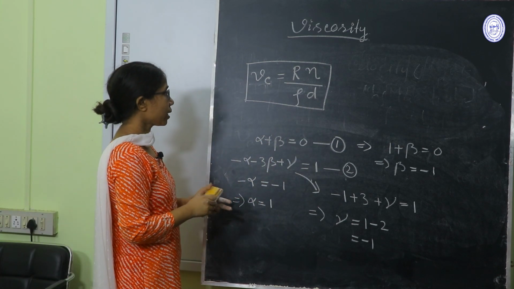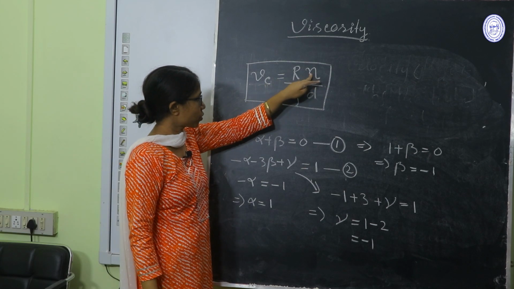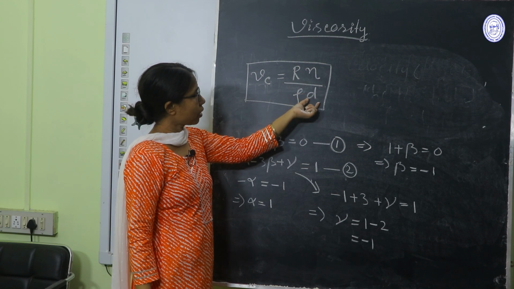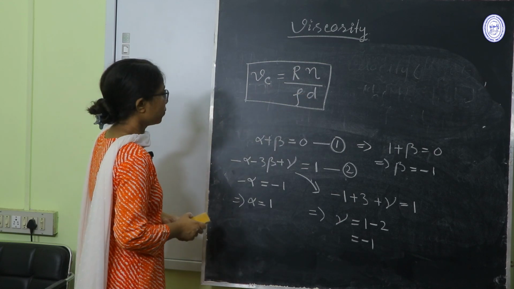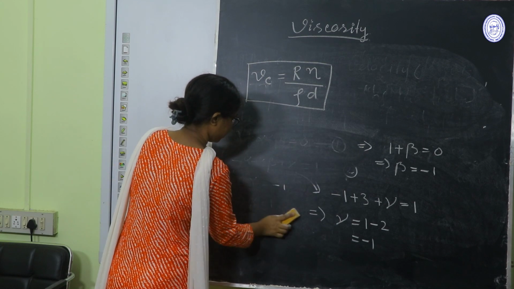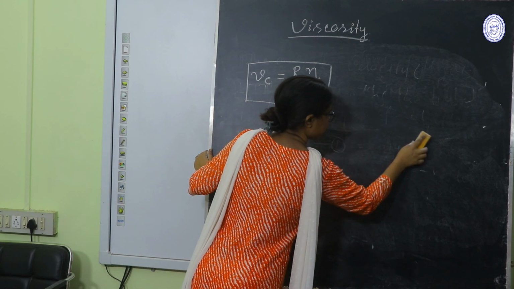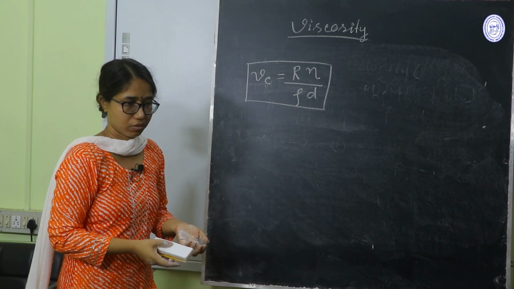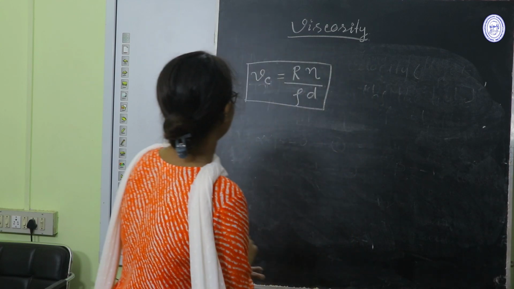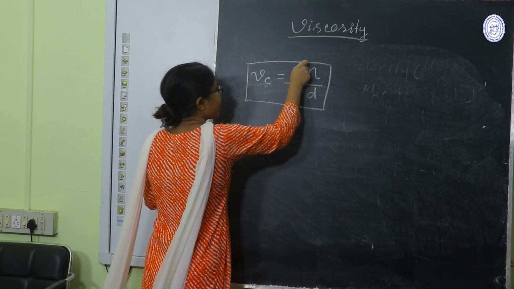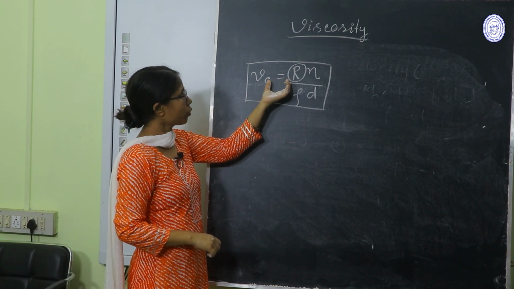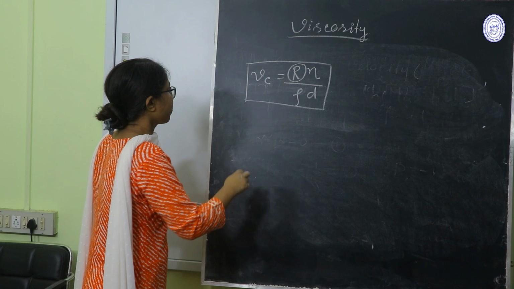So, critical velocity is directly proportional to the coefficient of viscosity and inversely proportional to the density of the fluid and the diameter of the tube through which it flows. And this quantity R is known as the Reynolds number. It is a very important quantity in viscosity.